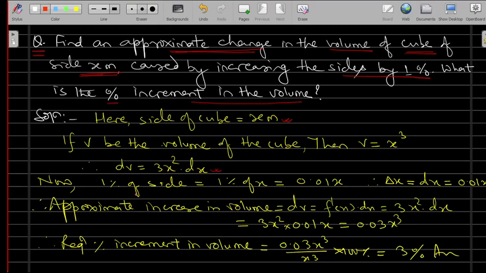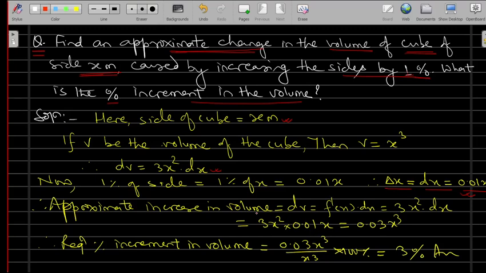Now 1% of the side, 1% of x, equals 0.01x. This is delta x, dx equals 0.01x. Here the 1% side is increased, that is the change. Change means delta x is dx, that 1% of x is 0.01x, so we find dx or delta x also.